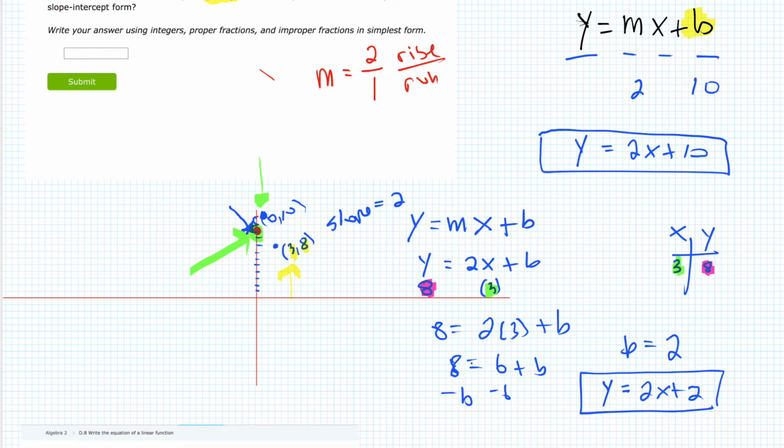I'm pointing to this point right here. How do we get that point? We did rise over run, from where? Wait, we're not even talking about the 3 and the 8 right now. Hold on. How did I get this first point right here? All right, I'm going to erase.